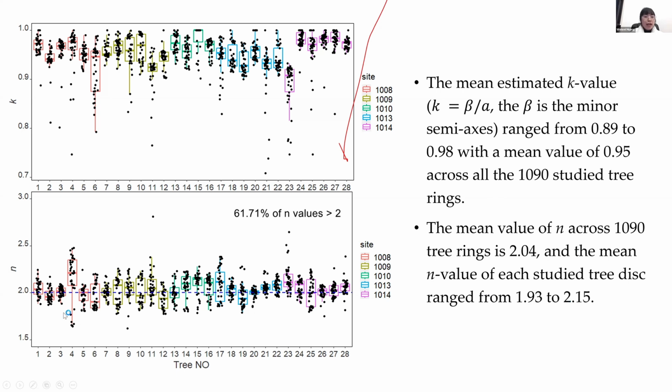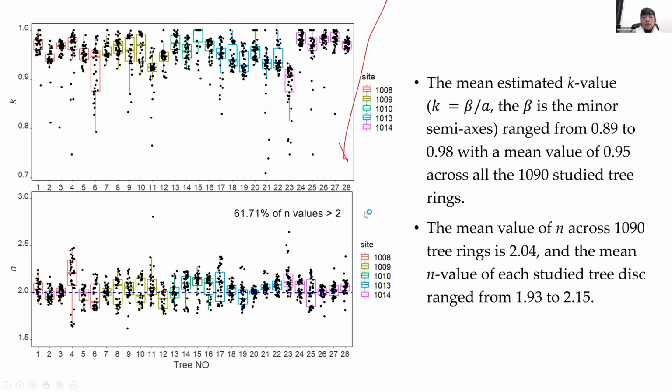We can still see variations within a tree between the tree rings. The different colors of the boxes are from the different sites. So within one tree, there are variations in the N value and also the K value. For tree number 6, there is a huge variation in the K value from one year to another.